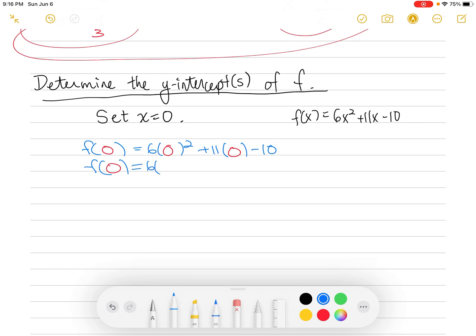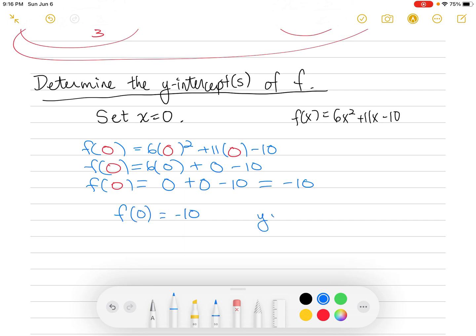So we're going to have 6 times 0 squared is 0, plus 11 times 0 is 0, minus 10. That means f of 0 is 6 times 0 is 0, plus 0, minus 10. In other words, negative 10. f of 0 is negative 10.